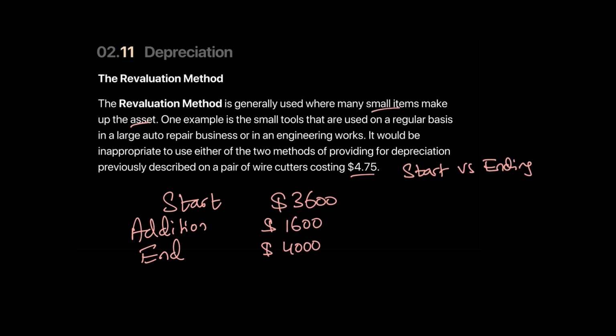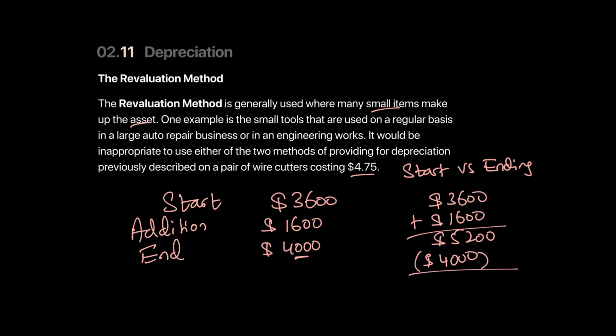How do you calculate depreciation? You can say that you started with 3,600, you got new assets worth 1,600, so their value should be 5,200. But at the end of the year, their ending value is $4,000. That means from 5,200 the value has decreased to 4,000. This loss in value of 1,200 will be your depreciation expense.